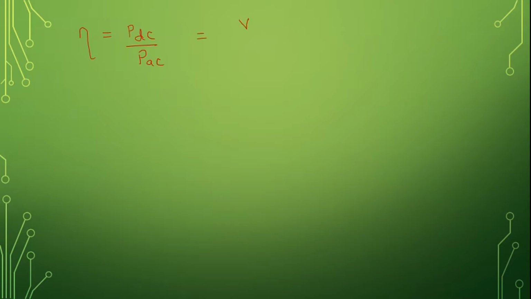PDC is nothing but VDC square by R, whereas PAC is equal to VRMS square by R. So R and R cancel. We can write it as VDC square by VRMS square.